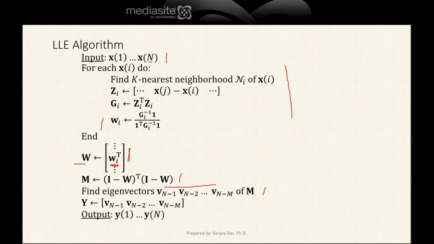And that gives us this matrix Y, the low dimensional coordinate matrix.